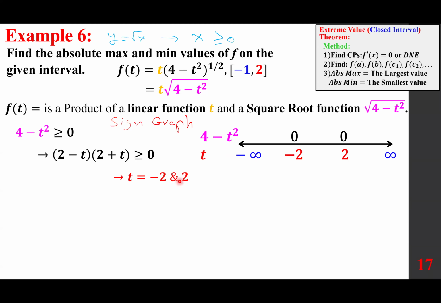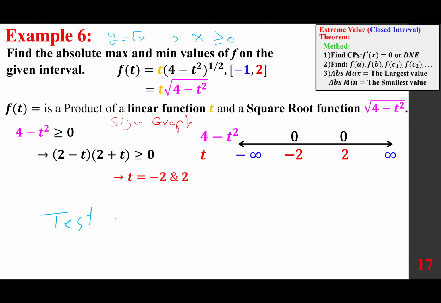At -2, the expression 4 minus t squared is 0. At +2, also 0. You have to put them in order from smallest to largest because it may be more than 2. And then you figure out what happens to the value of 4 minus t squared in between, meaning less than -2, between the two numbers, and larger than 2. To do so, we use test points.